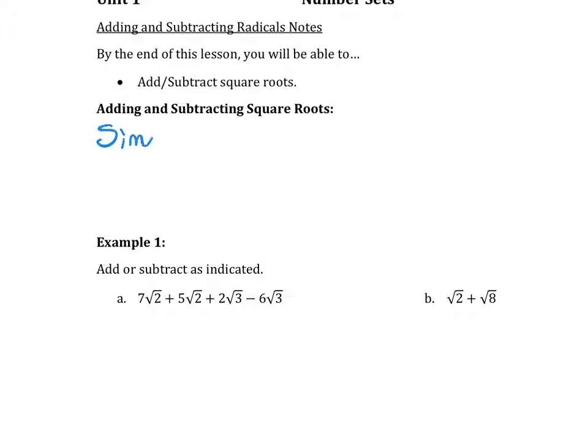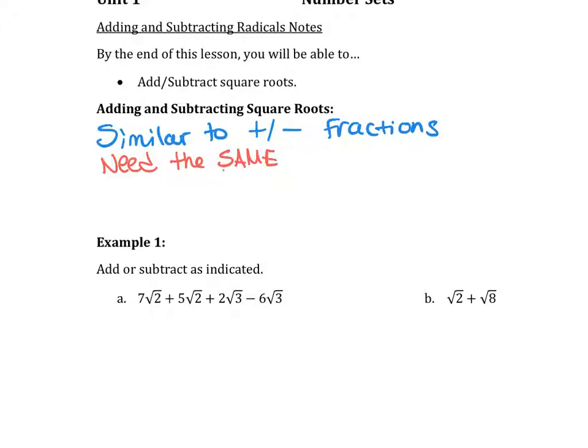This is similar to adding and subtracting fractions, where you need the same number under the square root to add. So to do that, you're going to start by simplifying your square roots as much as possible.